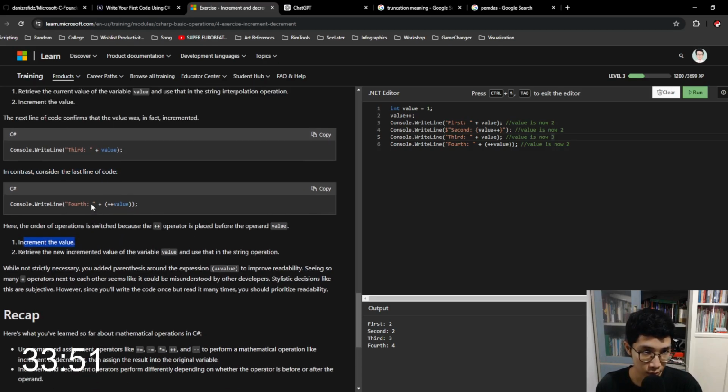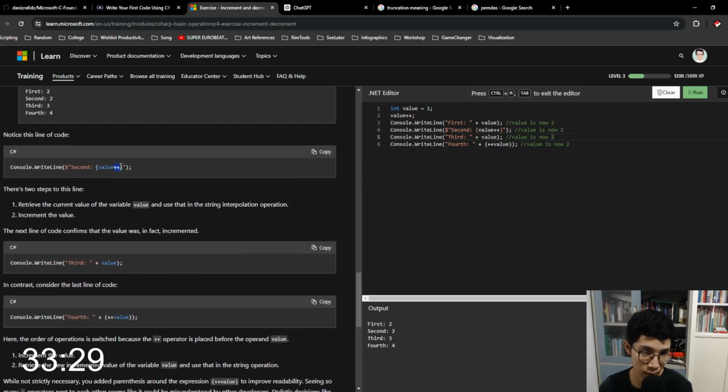Increment the value. If the plus plus is right in front of the value, the first step is to increment the value, and then retrieve the new incremented value of the variable value and use that in the string operation.